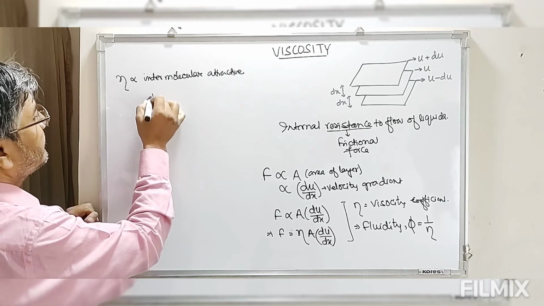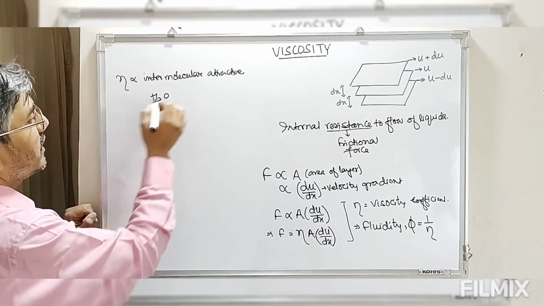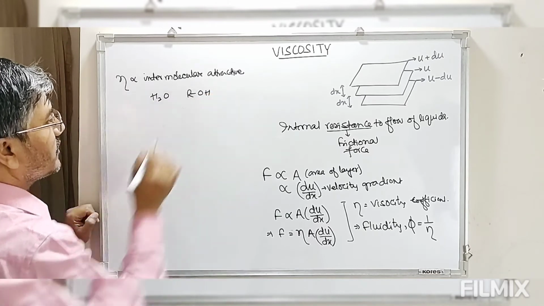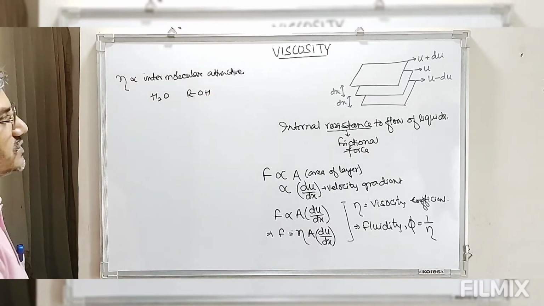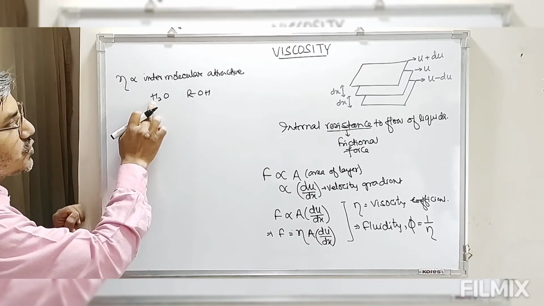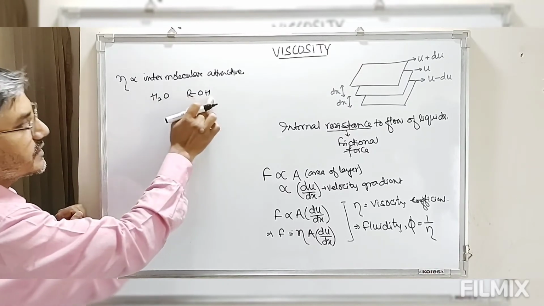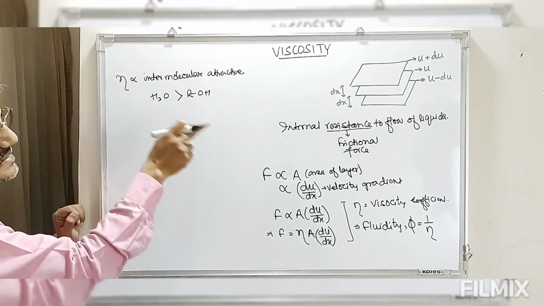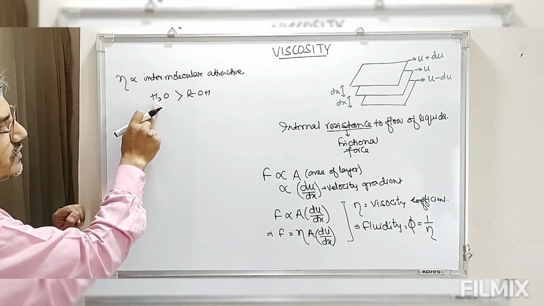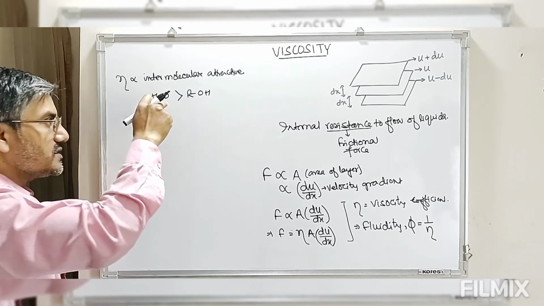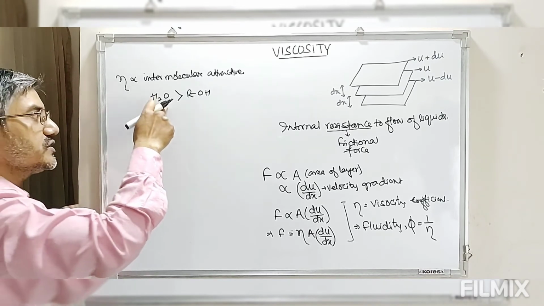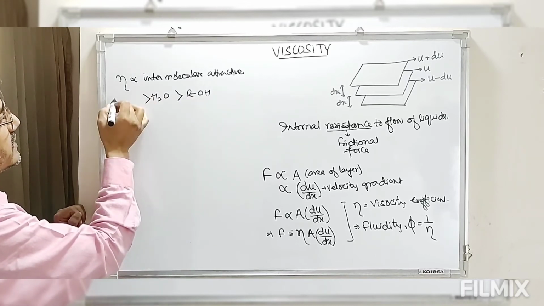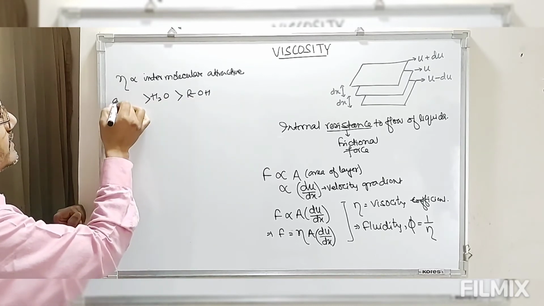We have liquid water with hydrogen bond, and then we have alcohol. In both the cases we have hydrogen bond. So hydrogen bond is stronger in case of water than in case of alcohol. So the coefficient of viscosity will be more in case of water, means the resistance to flow or the viscosity of water will be greater than that of alcohol, and this is less than that of glycerol.